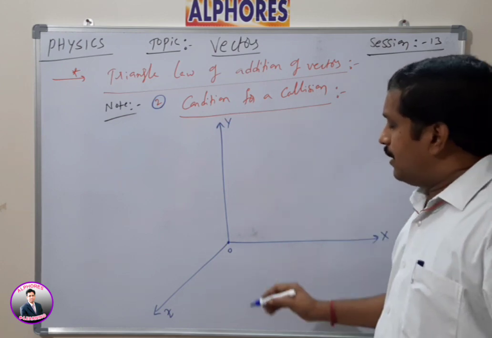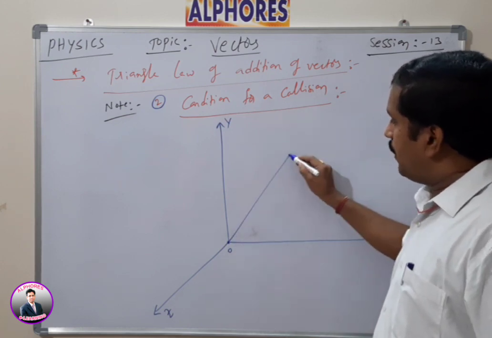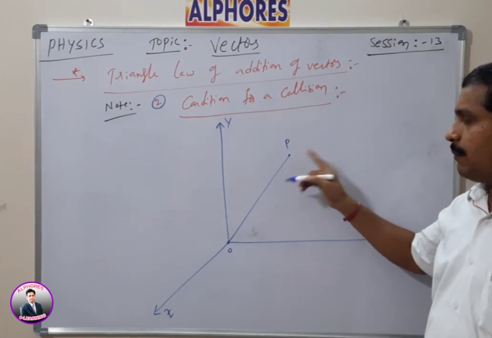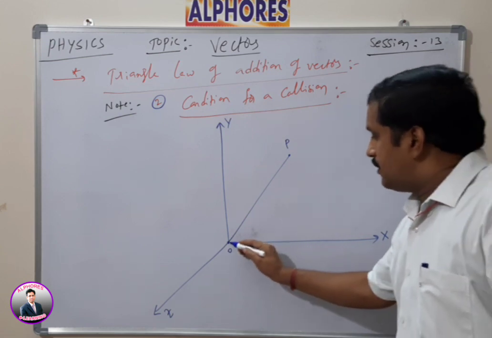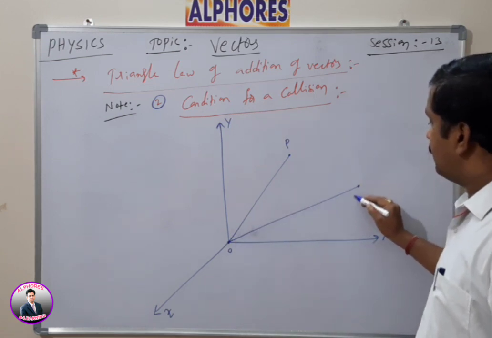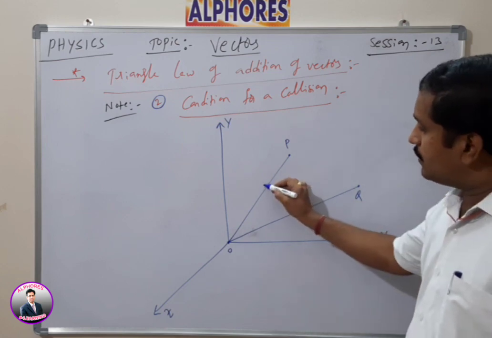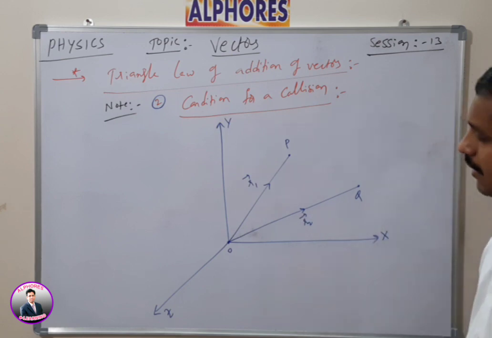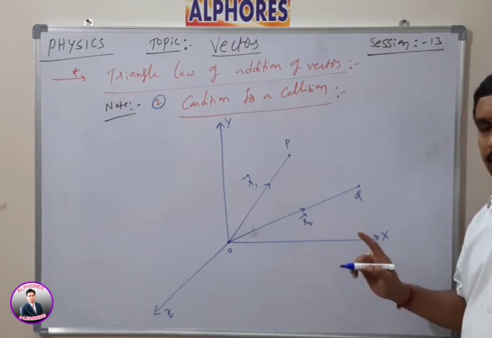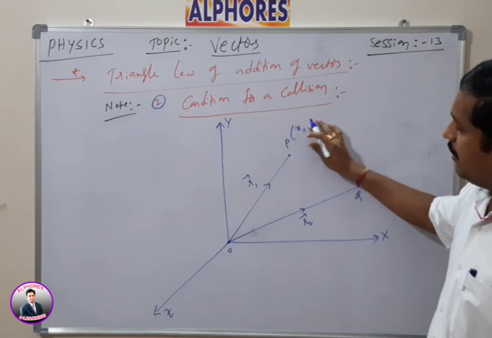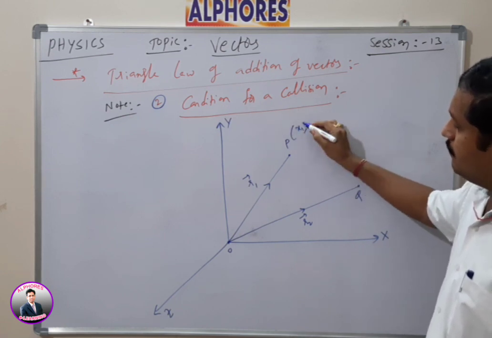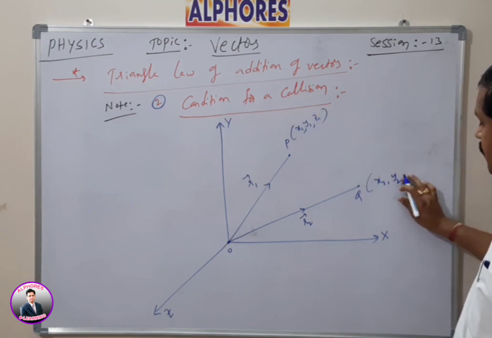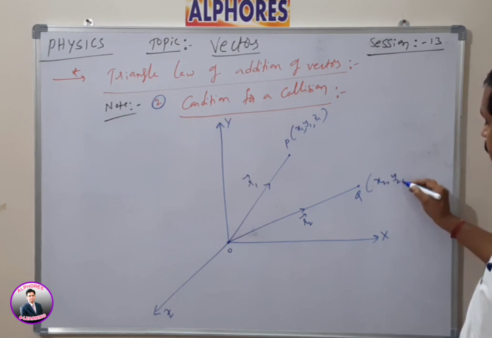Initially, the first particle is at a point P and the second particle is at another point, say Q. These two particles have position vectors R1 bar and R2 bar, with coordinates x1, y1, z1 for the first and x2, y2, z2 for the second.